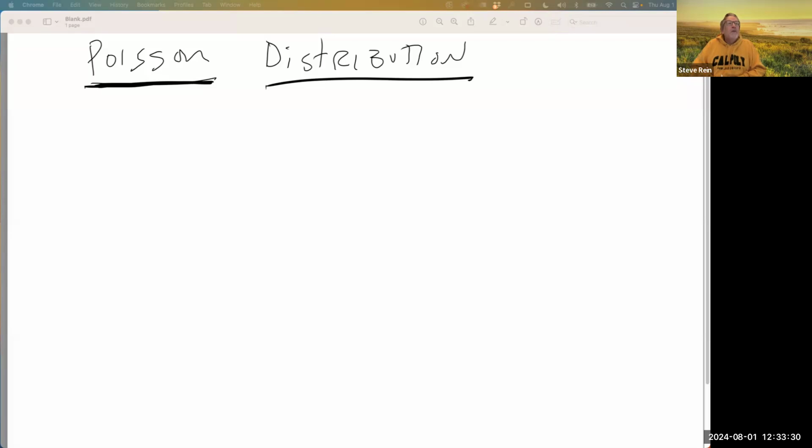So large n and small p binomial is Poisson, but there are other ways to get the Poisson distribution.